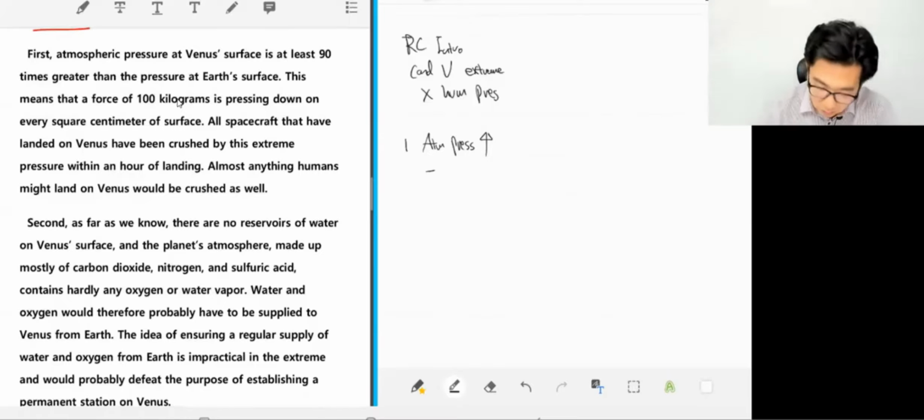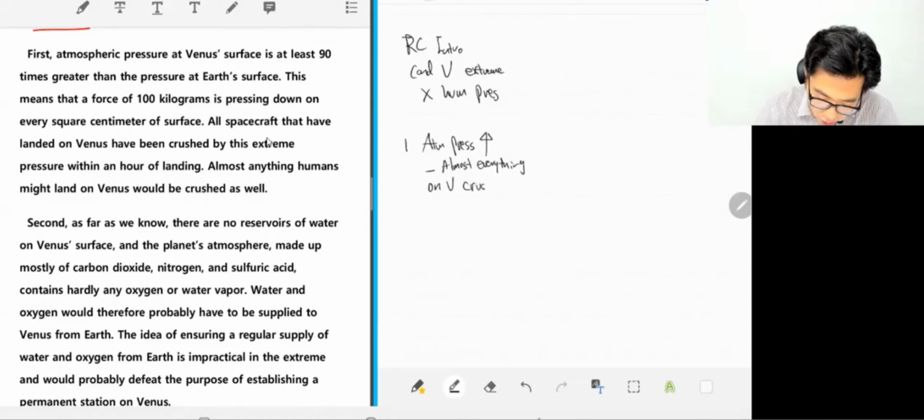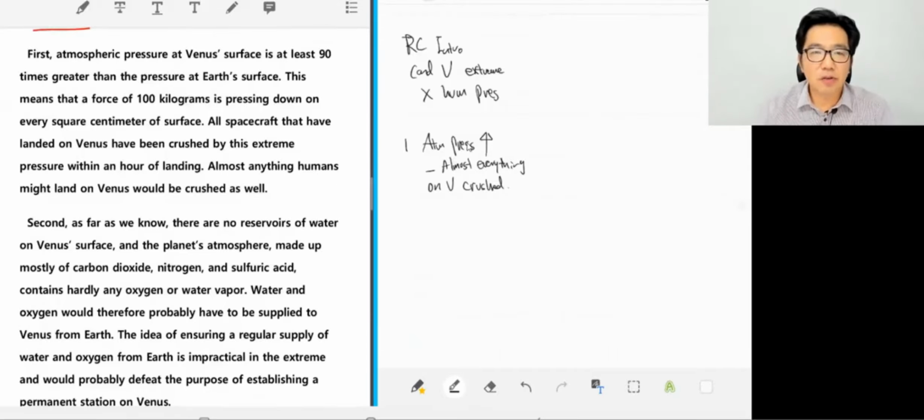So I just take the last bit, because this summarizes the whole detail very well: almost anything human might land on Venus would be crushed, because of too much atmospheric pressure.